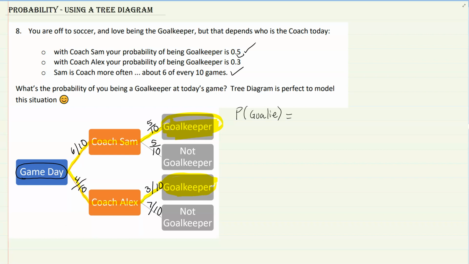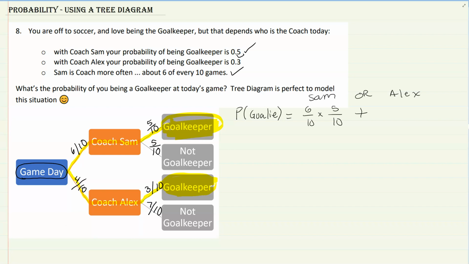So we would multiply. It would be 6 out of 10 multiplied by 5 out of 10. That is when Sam is coaching, or when Alex is coaching. So that would be addition right there.